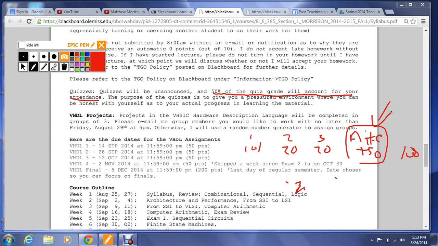So the whole idea is you show up, automatically you've gotten 50 points on the quiz. The reason why I do it this way is I want to give you a pressured environment where you can be honest with yourself as to your actual progress in learning the material without having a profound impact on your grade. If you get a 0 on a pop quiz, you don't know anything, you've been falling behind and you're kind of swamped, you still get 50 points for showing up. And that gives you an opportunity to go, oh, hey, I don't know this.